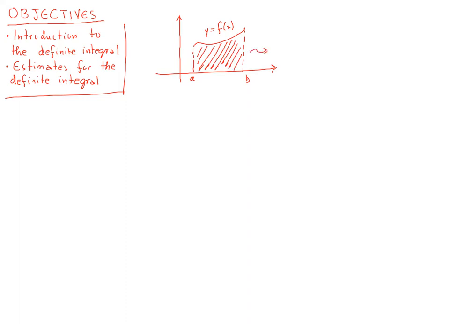Then we define the area of this region to be the definite integral of f of x from a to b. So in this notation, the integral sign is really an elongated s, and a and b are called the limits of integration.